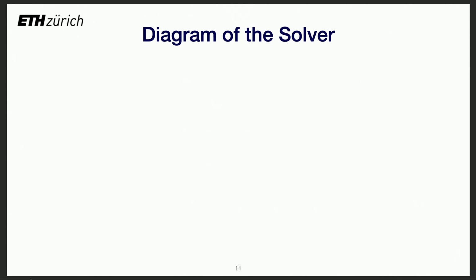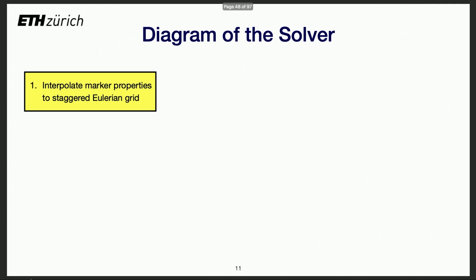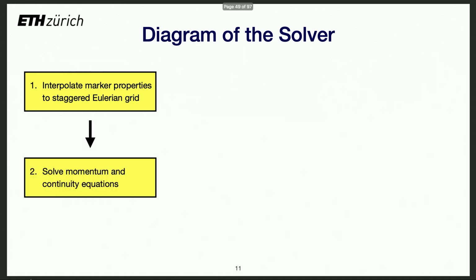So I want to give you a bit of an overview or diagram of what this kind of solver looks like. We start by interpolating the marker properties from these particles to the staggered Eulerian grid. Then we solve the momentum and continuity equations on the grid.